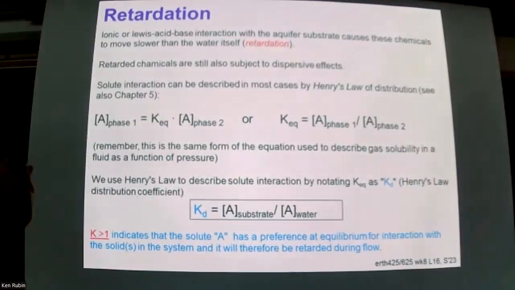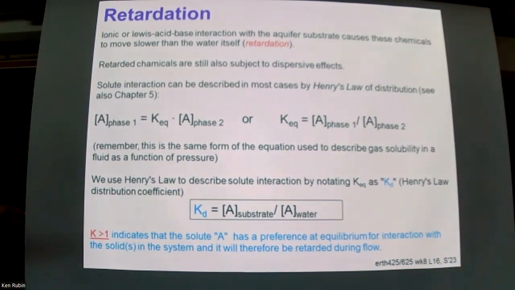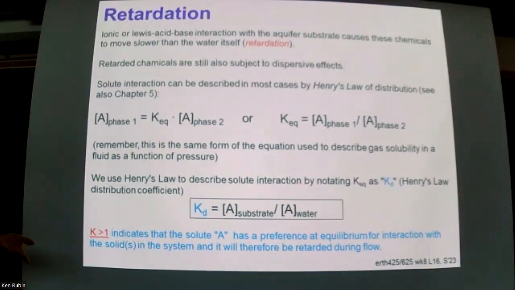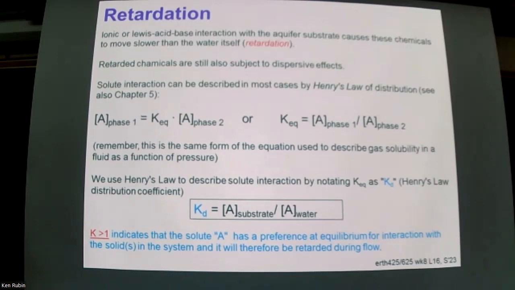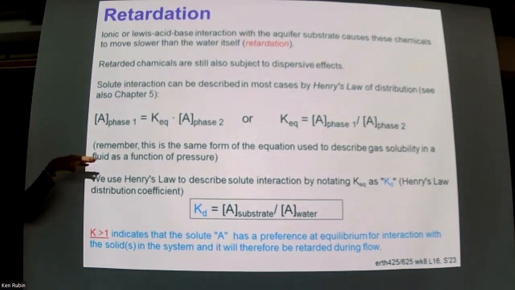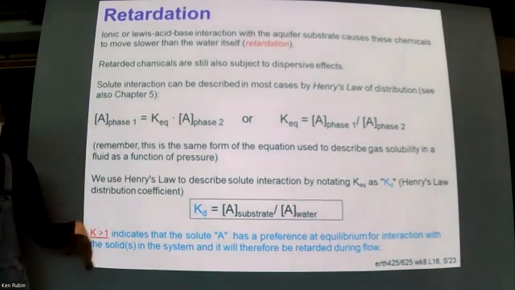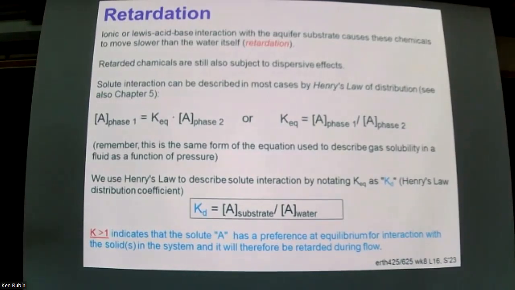So there's some kind of constant that measures that, and it can be defined as an equilibrium coefficient that we call a partitioning coefficient. It doesn't matter what phases we have, but in our case we're going to have water and stuck to particle surfaces. So the relationship of any chemical A between being free in the water and being stuck to a particle surface is going to be defined at chemical equilibrium by an equilibrium constant.